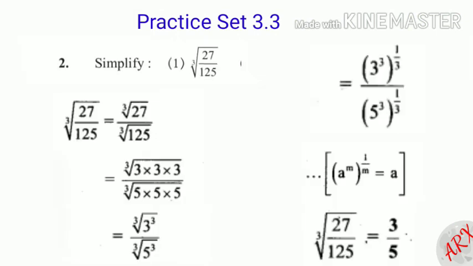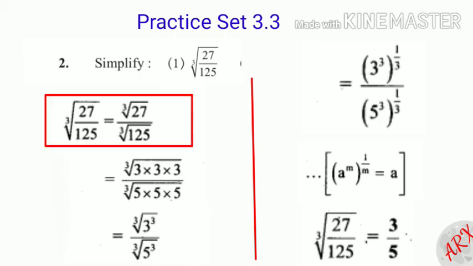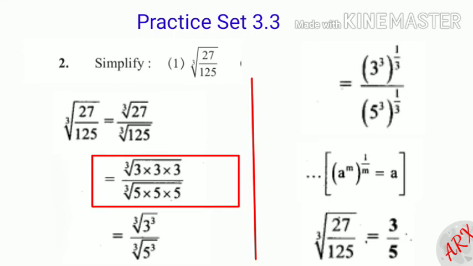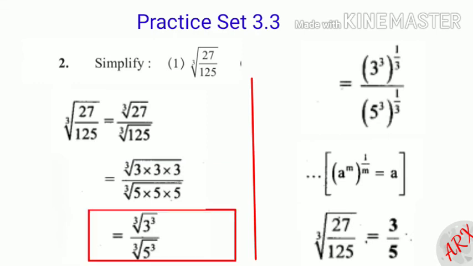Simplify. First example, cube root of 27 upon 125. If we observe, 27 is the cube of 3 and 125 is the cube of 5. So we will get cube root of 3 into 3 into 3 upon cube root of 5 into 5 into 5. Therefore, cube root of 3 cube upon cube root of 5 cube.